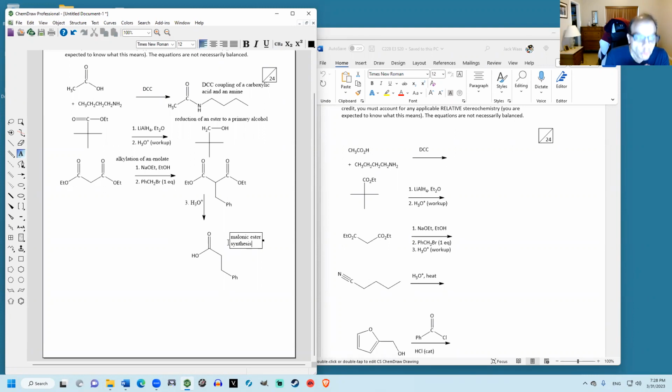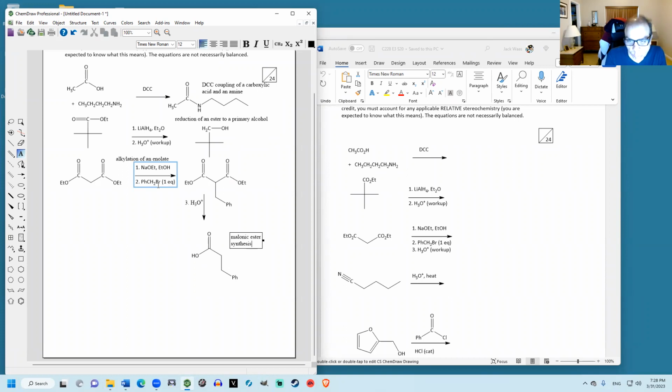So you need to look and see whether you're given H3O plus as a reagent. If you are, then it will hydrolyze both esters, decarboxylate, and tautomerize, and give you the acetic acid derivative in the case of malonic ester synthesis, or the acetone derivative in the case of an acetoacetic ester synthesis. But this did not mention H3O plus.